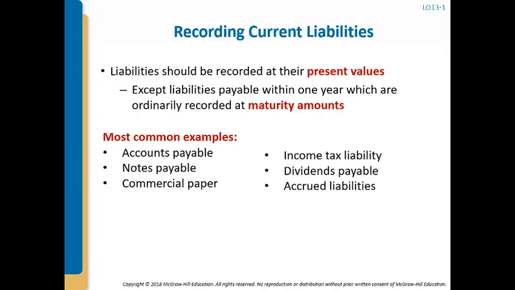So some examples of current liabilities would be the main one, accounts payable. You might have short-term notes payable, something called commercial paper, income tax liabilities, dividends payable, and then accrued liabilities.